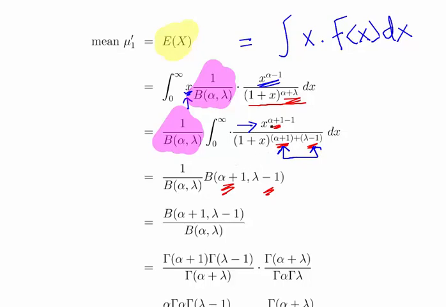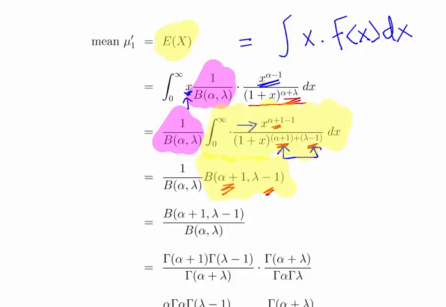But we also have x to the power of alpha plus 1 minus 1, so one of the parameters minus 1 in the numerator. So essentially it's a manipulation of the structure to suit the expression of it as a beta function. So this entire integral there can be expressed as a beta function of alpha plus 1 and lambda minus 1.